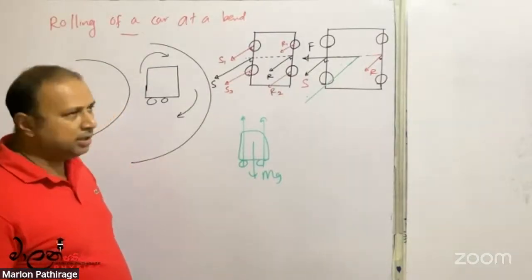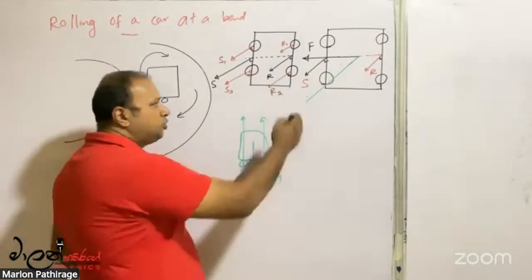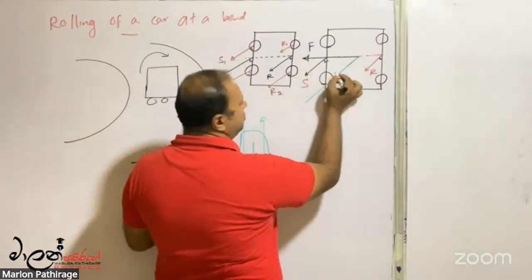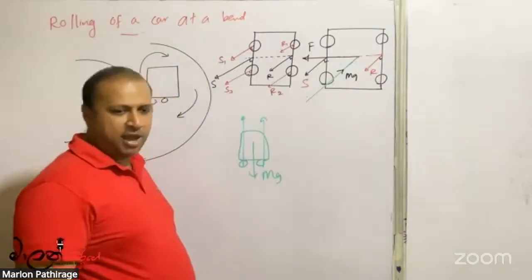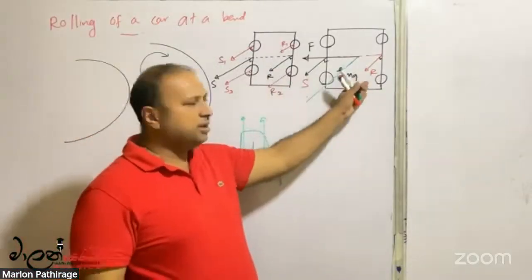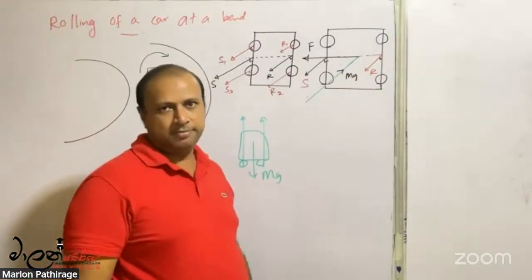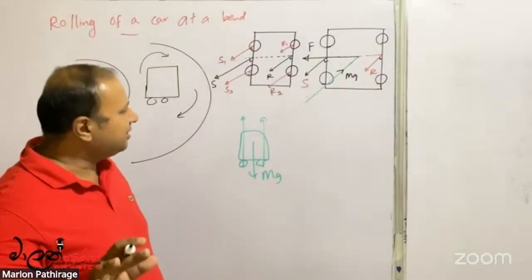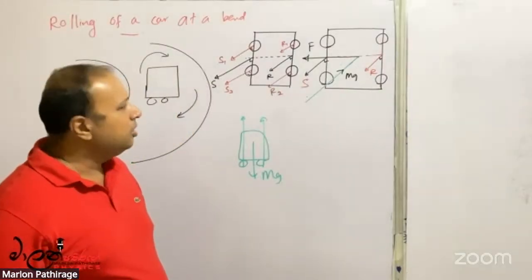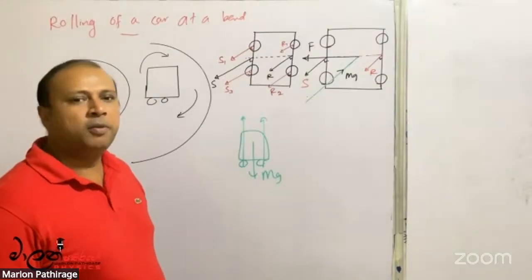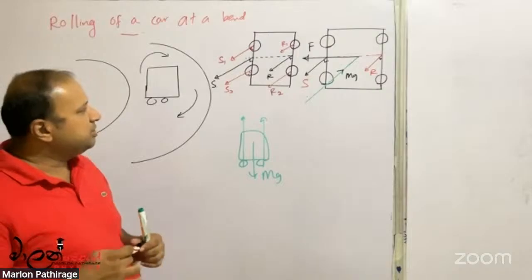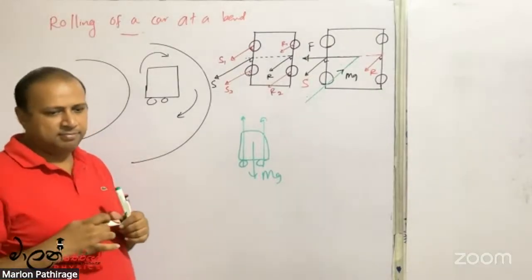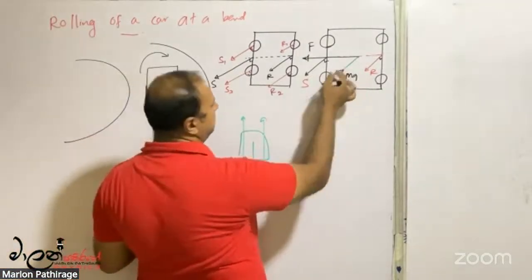Therefore, definitely the weight should be in the opposite direction, and they are parallel to each other but opposite in direction. Is that clear? This is the plan view. If you got this, please raise your hand. This is mg.